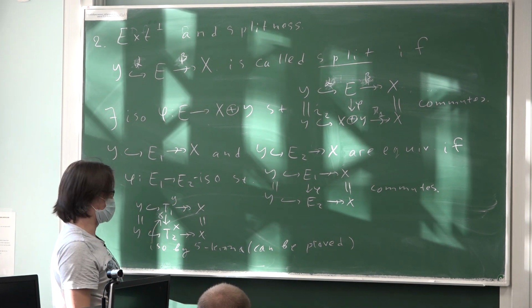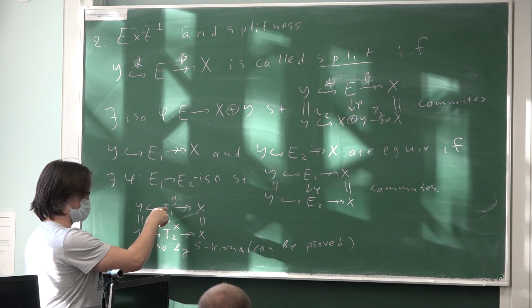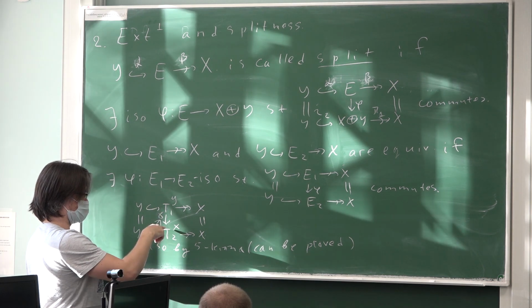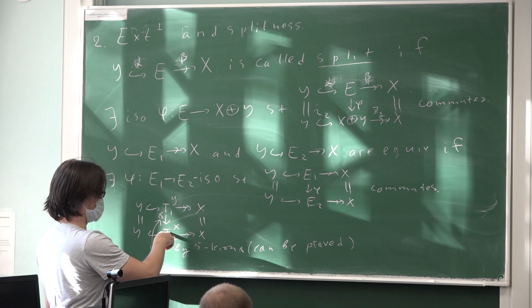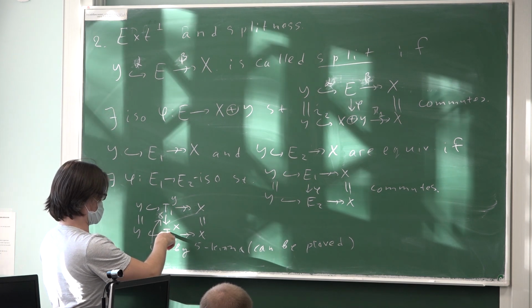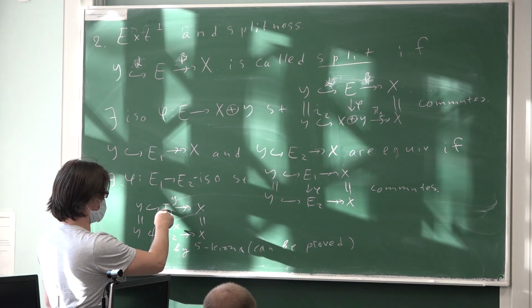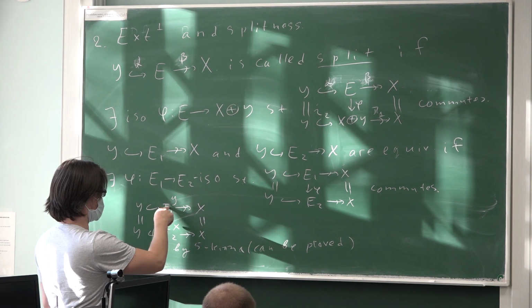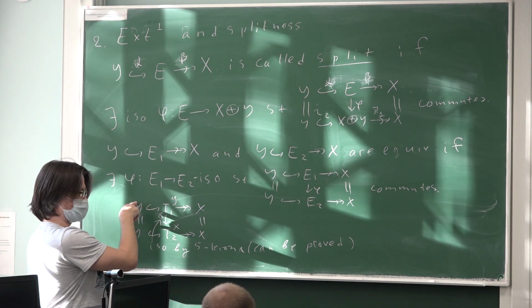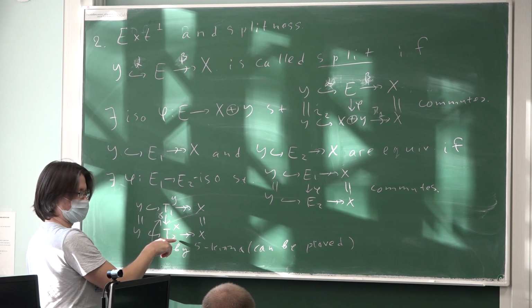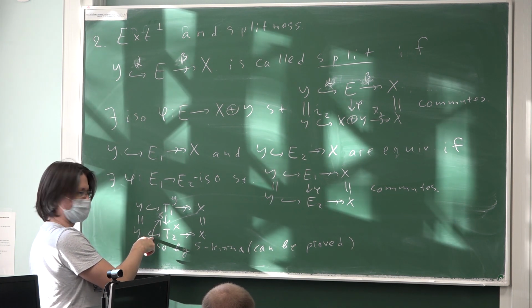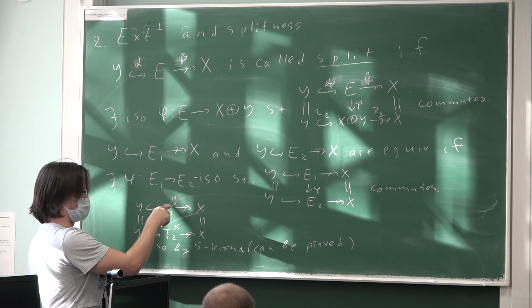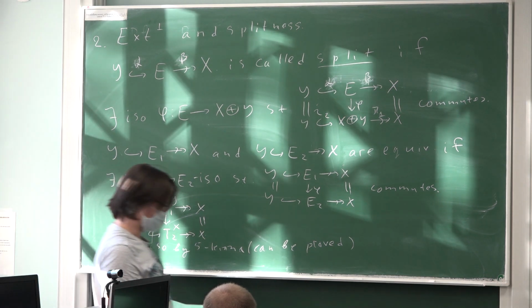And in the same way, you can prove that this map is injective, because if something goes to 0 here, this means that it goes to 0 here, so it has a preimage here that goes to 0 here, and since this one is monomorphism, then this preimage is 0 and an element is 0.